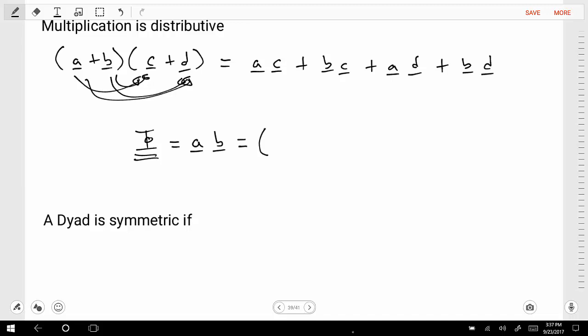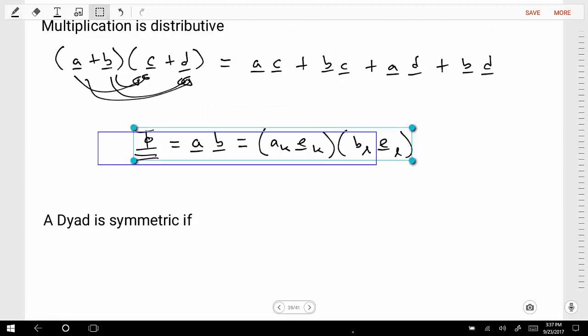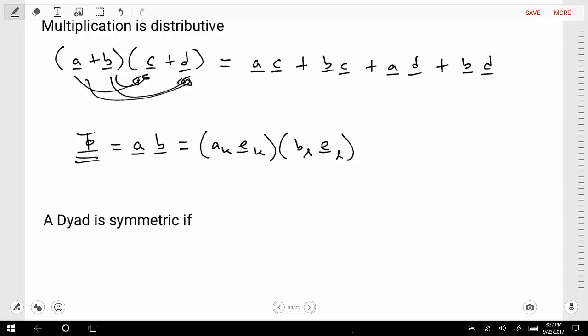Well, if we replaced the vectors a and b with the components of the vector times the base vectors for each of these, so a k component times base vectors k, and b l components times the base vectors l, then we could rearrange this and find a_k b_l is a dyad of the base vector k and the base vector l, right?